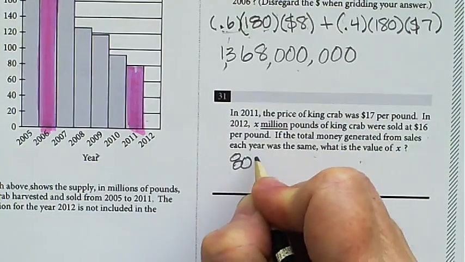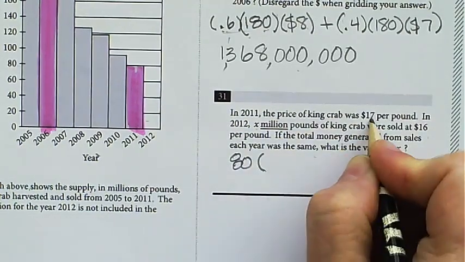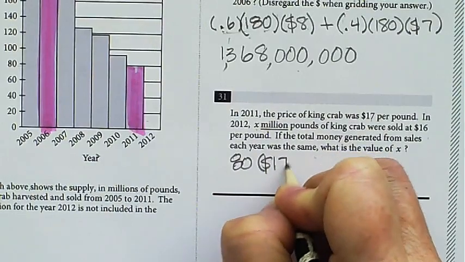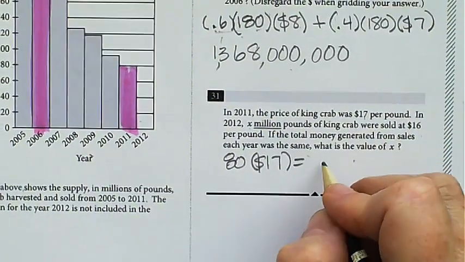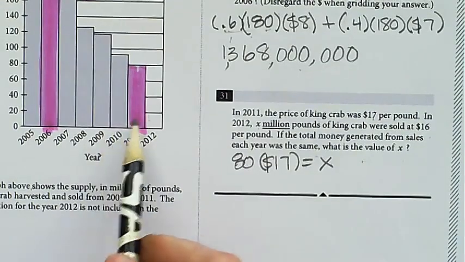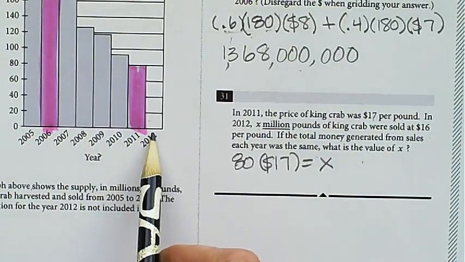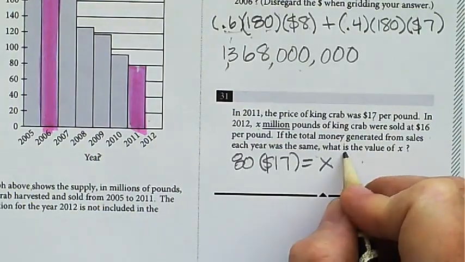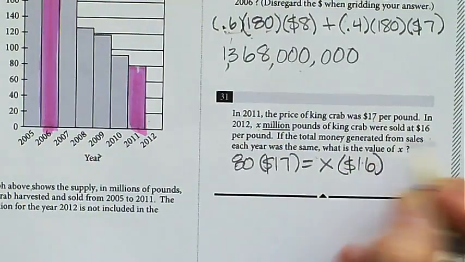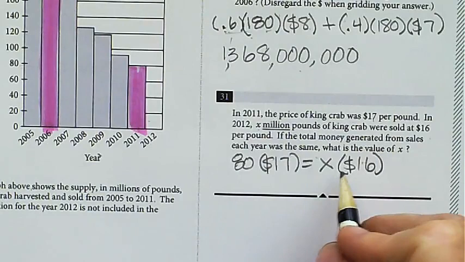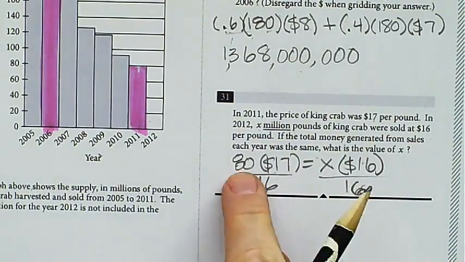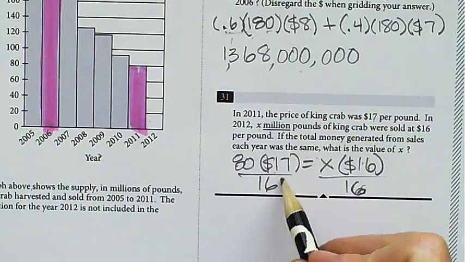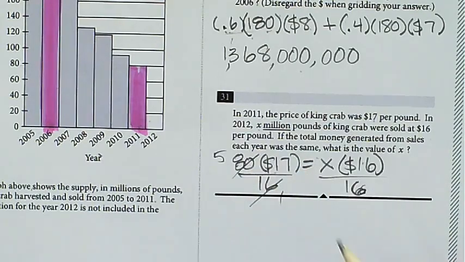So 80 times $17, if the revenue is the same, is going to be the same as however many million pounds of king crab they sold in 2012 times 16. So if I'm solving for x, I'm going to divide both sides by 16, and 80 times 17 divided by 16 is 85.